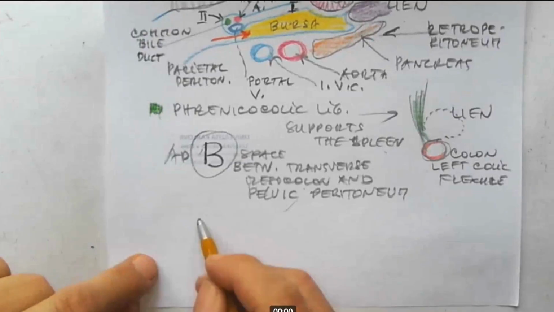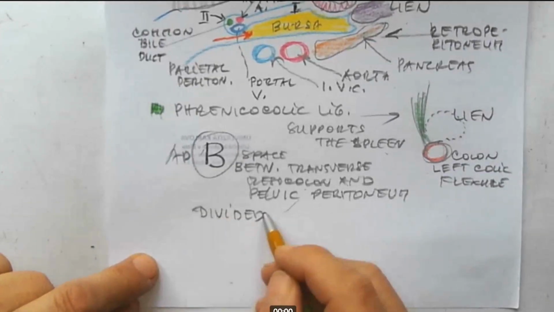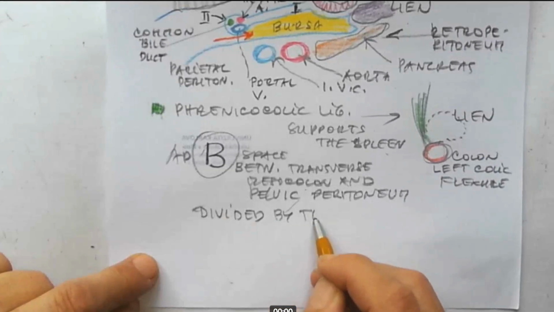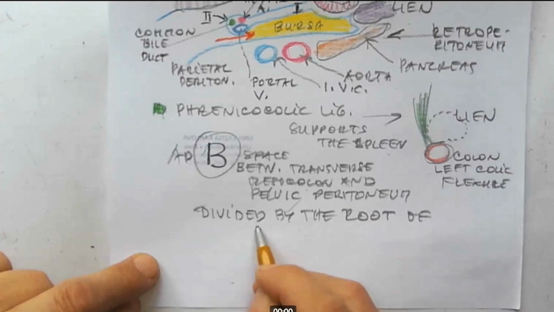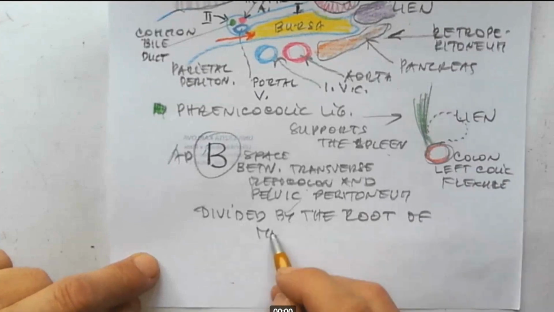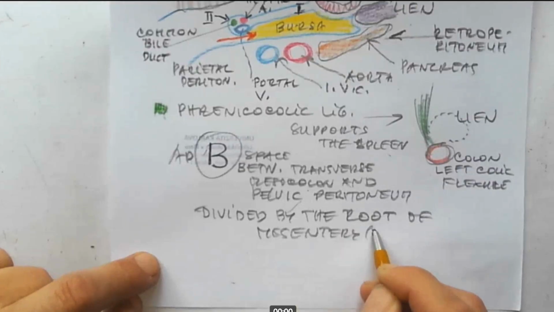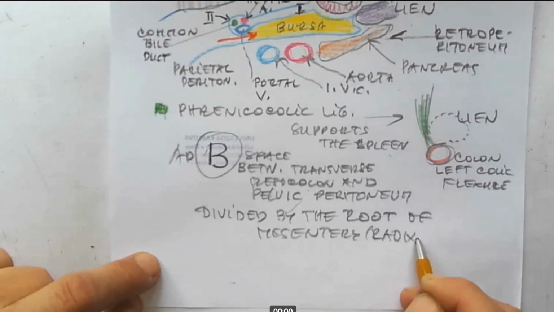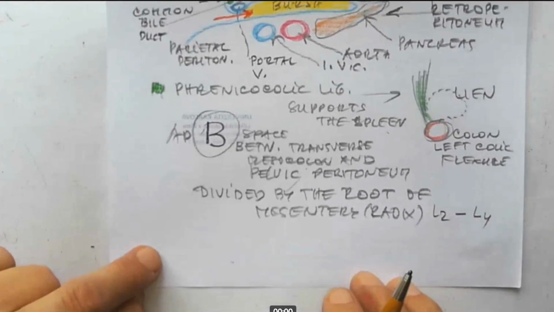is divided, as we said, by the root of the mesentery. We said radix, root of the mesentery. Mesentery is called also radix, the root. Radix from L2 to L4, descending from L2 to L4.